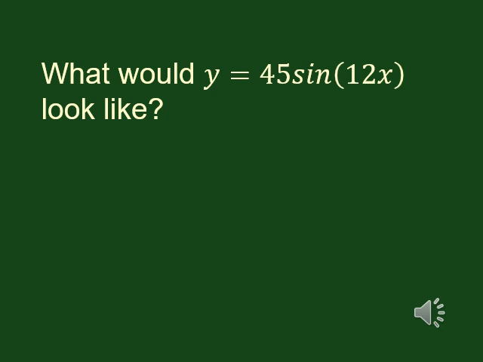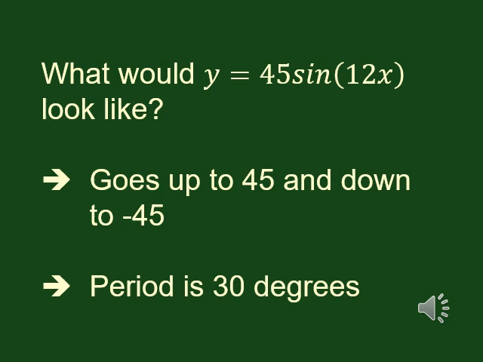There are some graphs that you really can't graph very well on a calculator just because the numbers are too big. Here we have y equals 45 sine of 12x. What's important about that graph is that the amplitude is 45, so it goes up to 45, down to -45. The period is going to be 360 divided by 12, which happens to be 30.